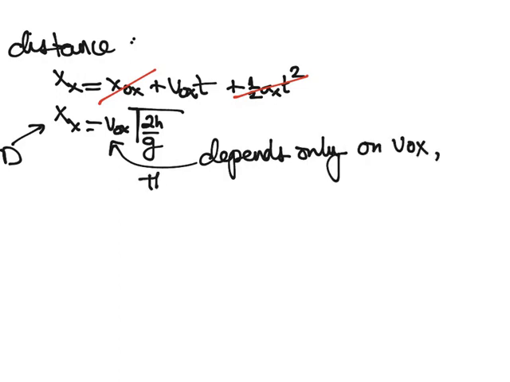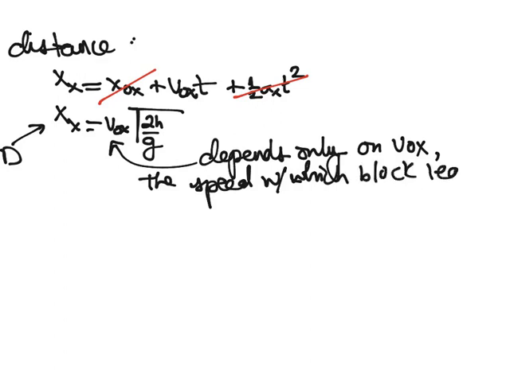only on Vox. Okay, that's the speed with which our block leaves the table. Okay, now we need to be able to compare VOX in both cases.